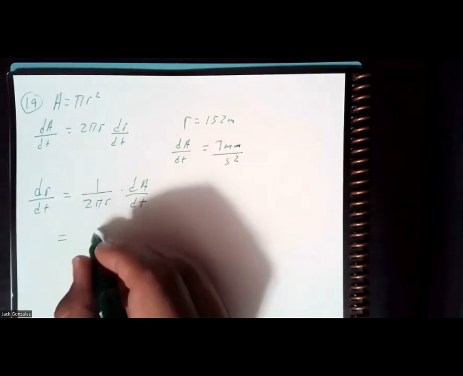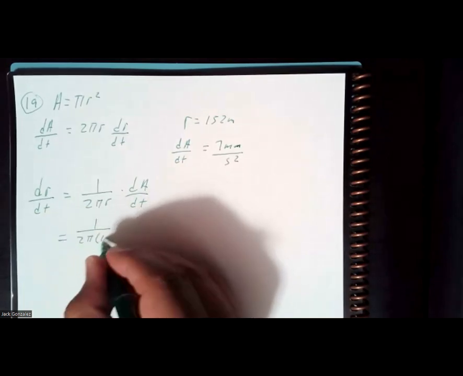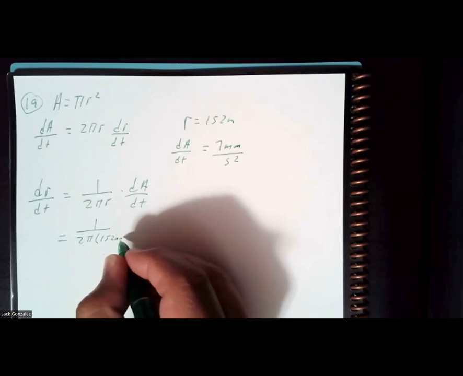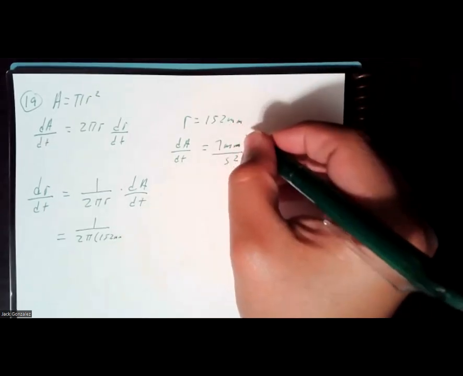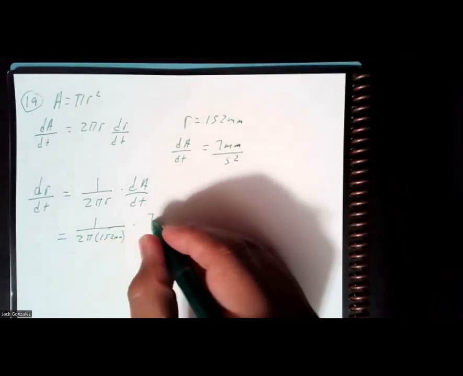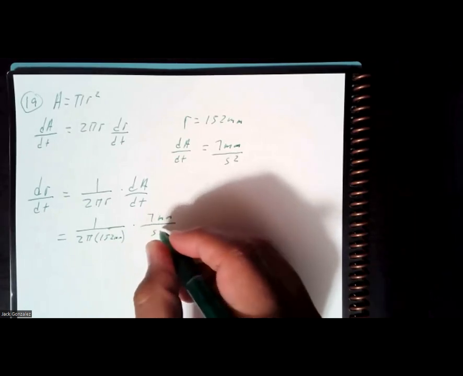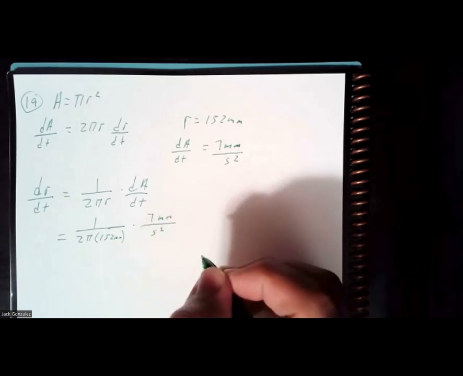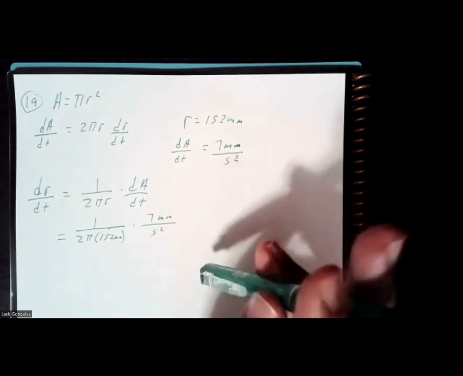So this will be 1 over 2 pi times 152 millimeters times 17 millimeters per second squared. Oh no, my bad.